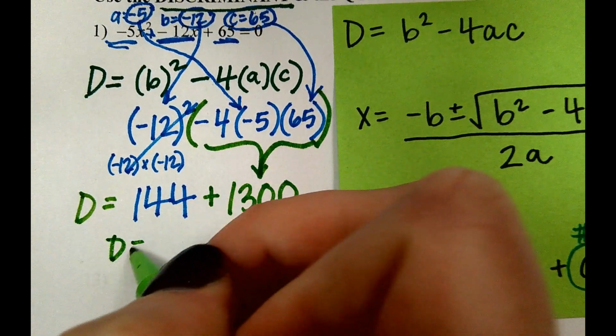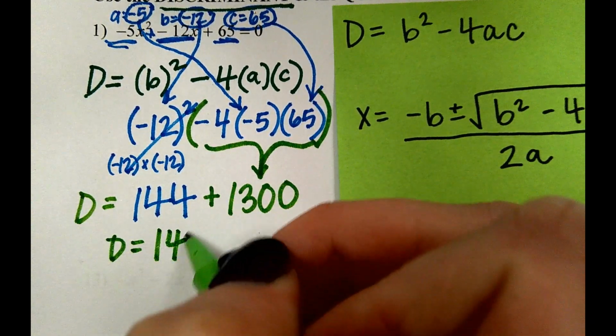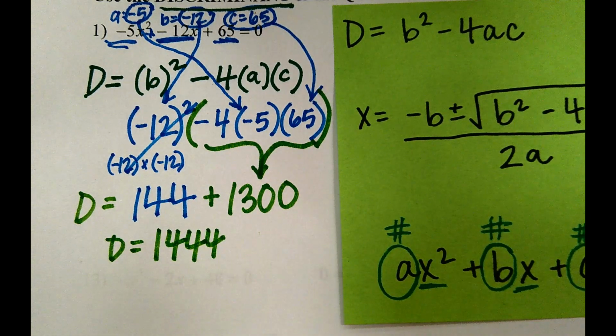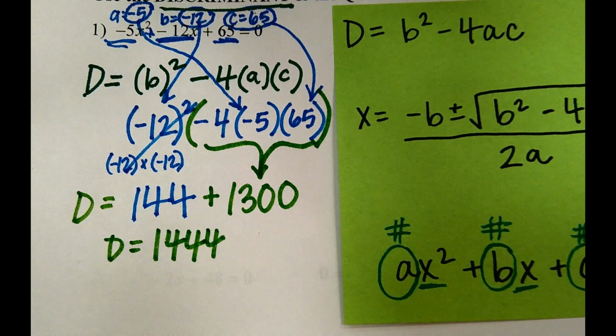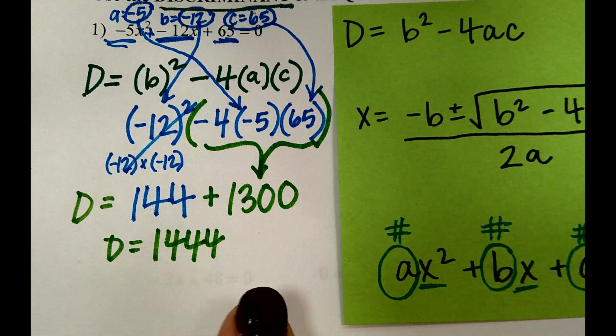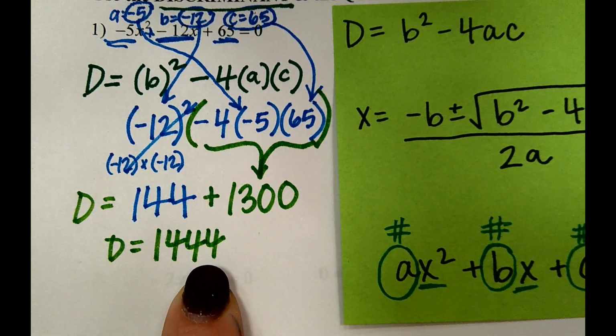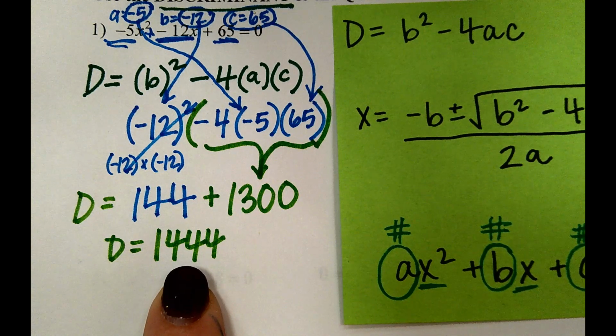So my discriminant is 1,444. Big number. Okay, so have I solved my problem for x? Not yet. We found the discriminant.